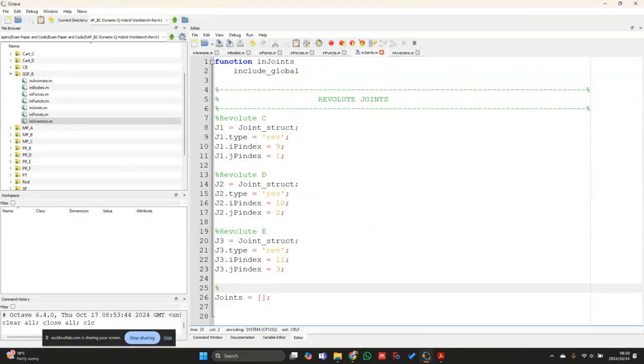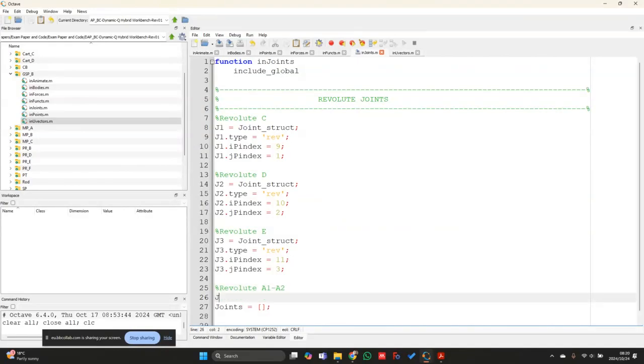Then I just have to go and do it for the motion platform as well. So at points A and B, so revolute joint A, and I think this will be 1 with 2.